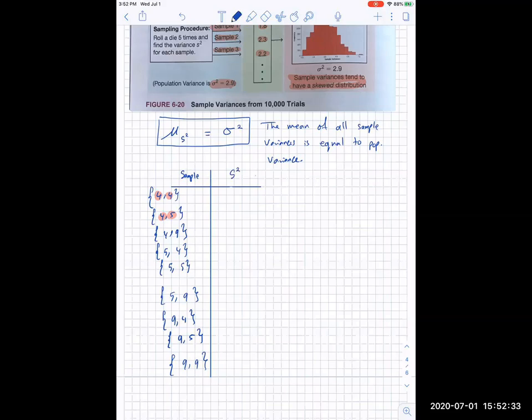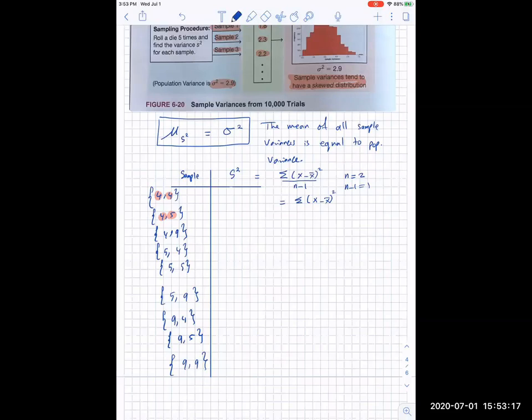And remember, S squared is the sum of the squares of the differences, x minus x bar squared, over n minus 1. Now in this case, n is 2, so n minus 1 is 1, so the denominator becomes 1. So this becomes just the sum of the squares of the differences, x minus x bar squared.